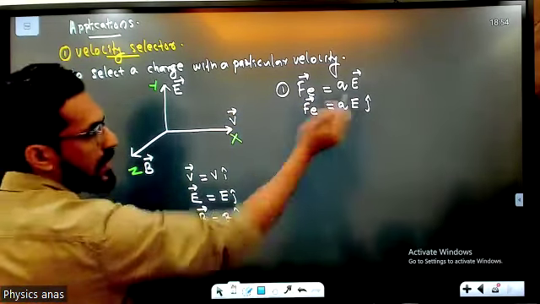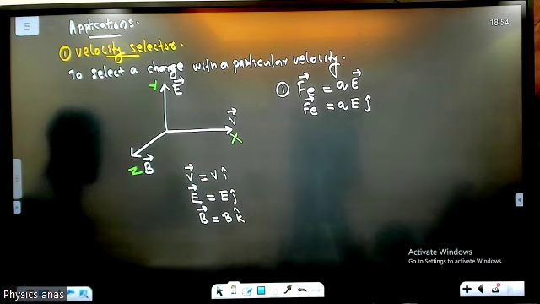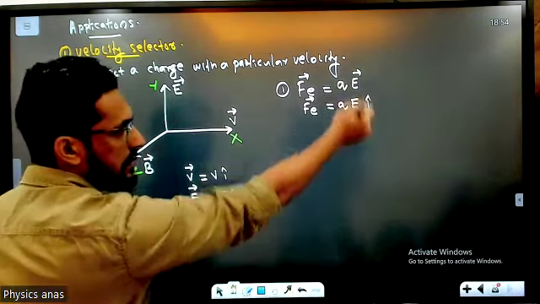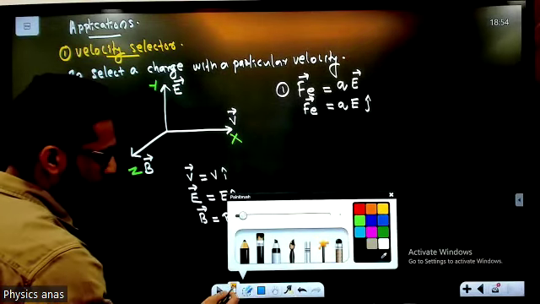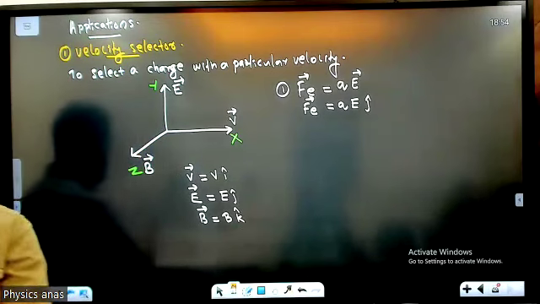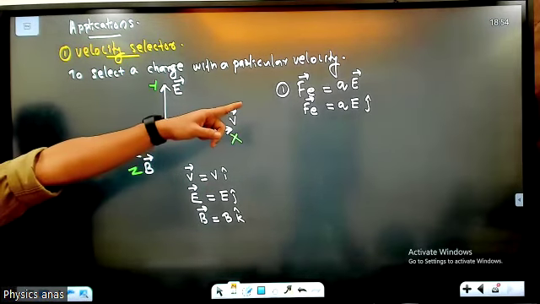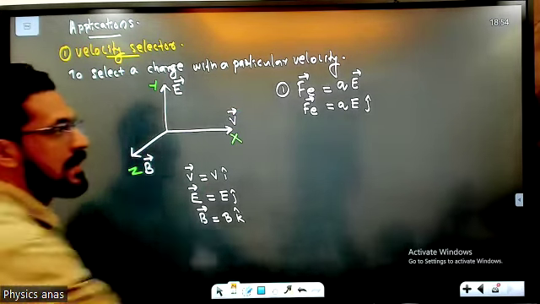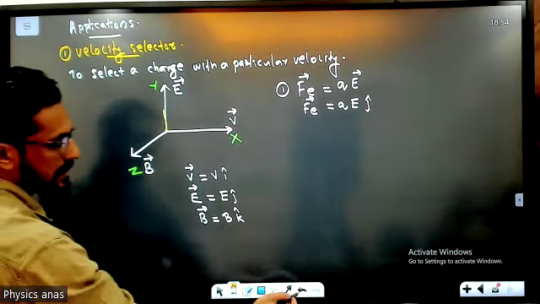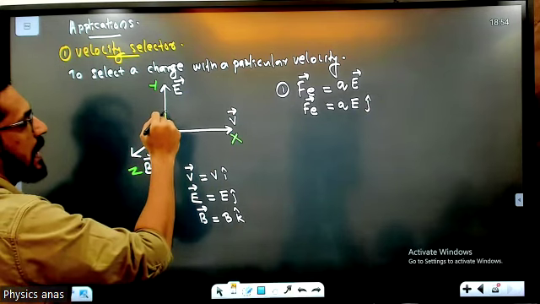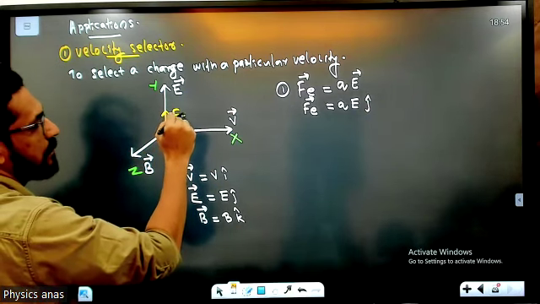It is acting along the y-axis. Why is it acting along the y-axis? Because of the unit vector j cap. That's why you can say it is acting along the y-axis.